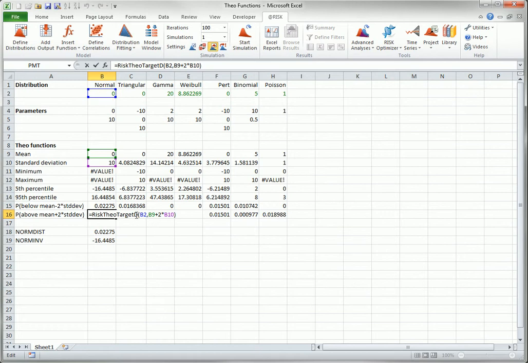Here I've used the D version for the right-hand tail. Several of these return value errors. This is because the minimum or maximum of some of these distributions is unbounded.